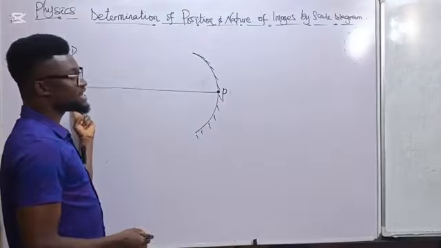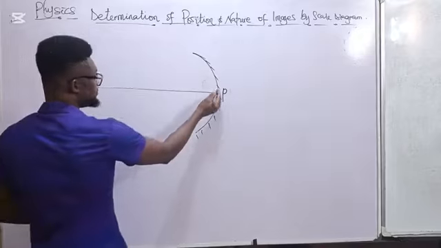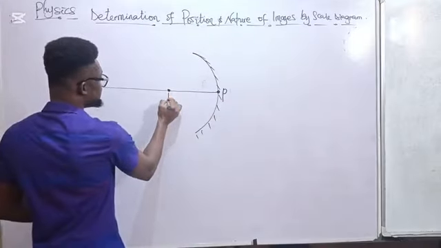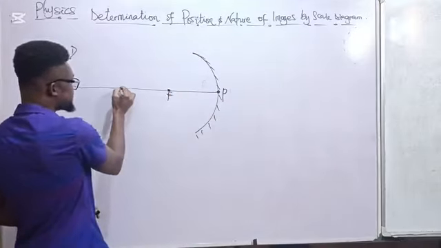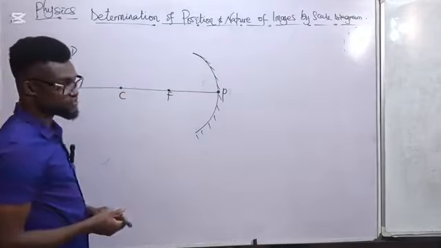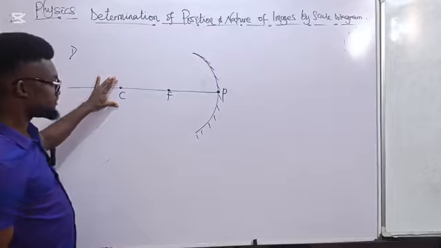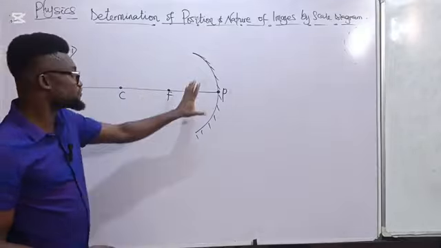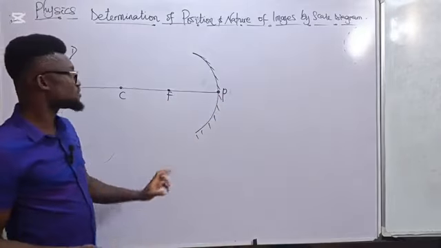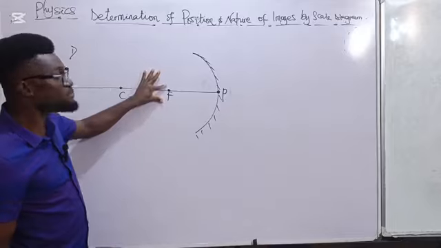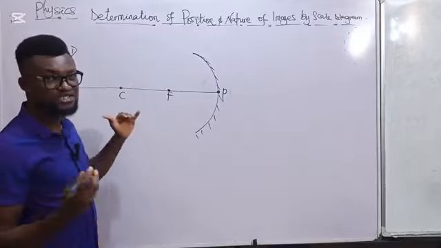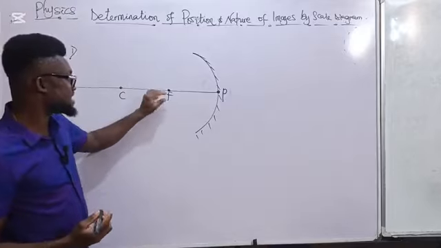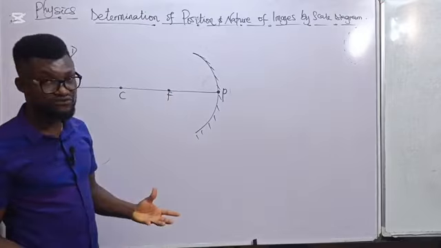The principal axis is just an imaginary line that runs from the pole through the principal focus and passes what? The center of curvature. The center of curvature, as we know, is the center of a sphere of which this mirror is a part, while the principal focus is the point at which all rays parallel to the principal axis converge or appear to converge.